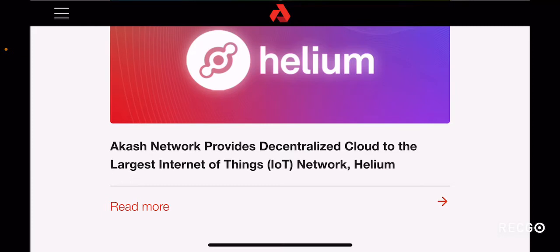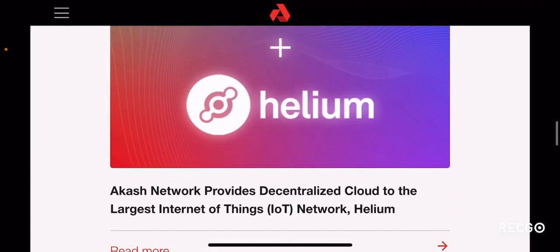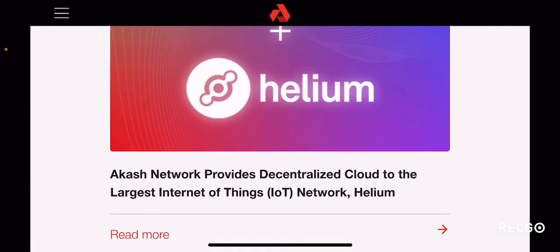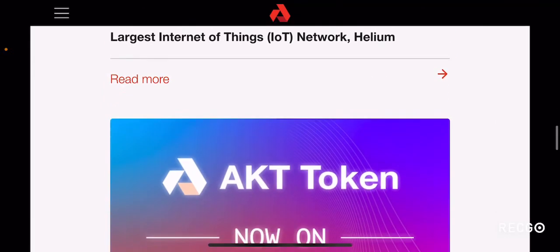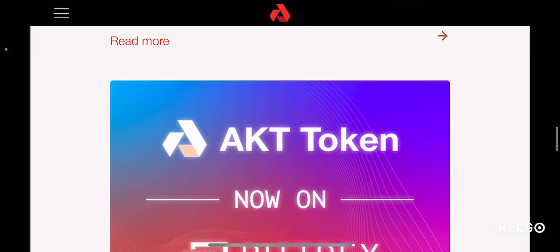A Helium miner can act as a very smooth mining operation at home to earn some passive rewards in the form of Helium tokens, right? So it's interesting to see that Akash network has offered its decentralized cloud solution to Helium network, and you can learn more about that by clicking the read more button.